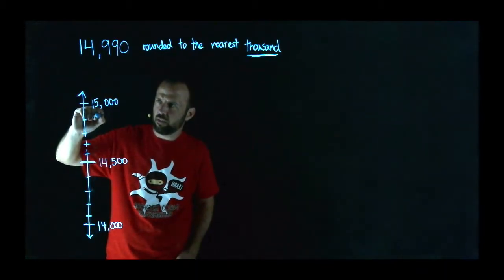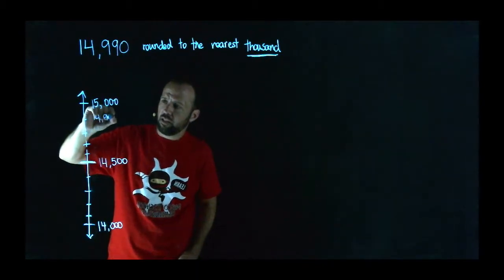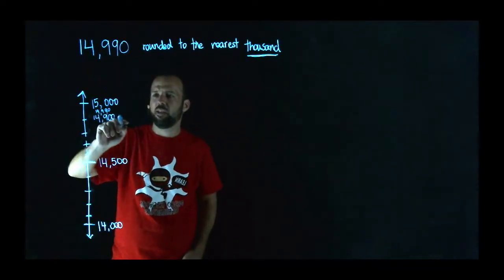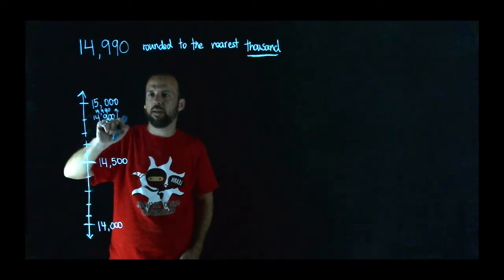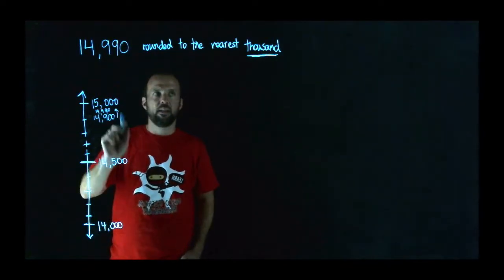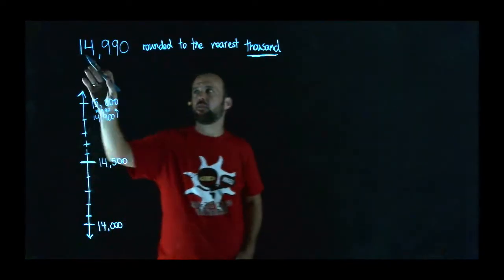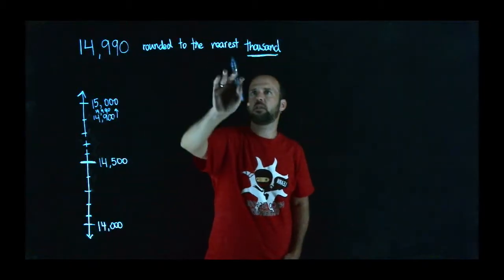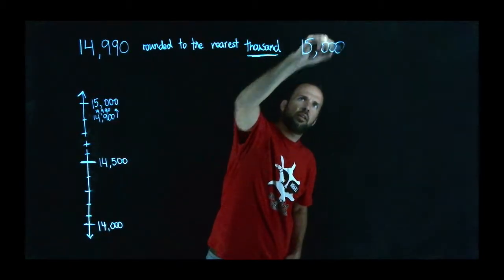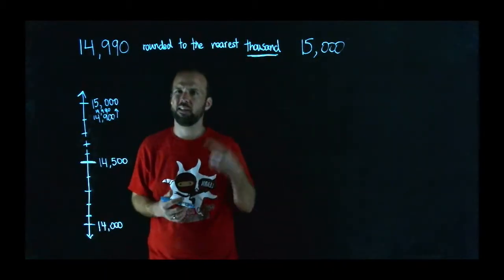So even if I just went 14,900 would be somewhere in here. So 14,990 would be even snug in there somewhere. So I know that it's going to be closer to what? 15,000 or 14,000? Definitely closer to my 15,000. So 14,990 rounded to the nearest 1,000 is going to give us 15,000 again. Perfect.